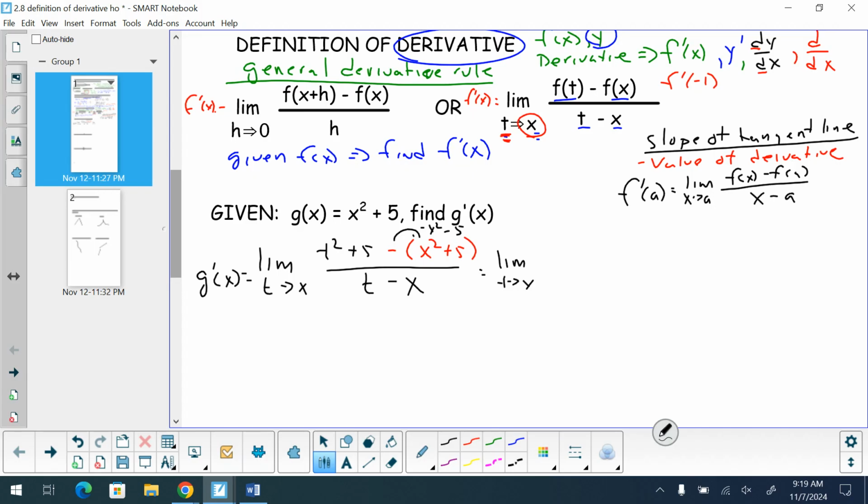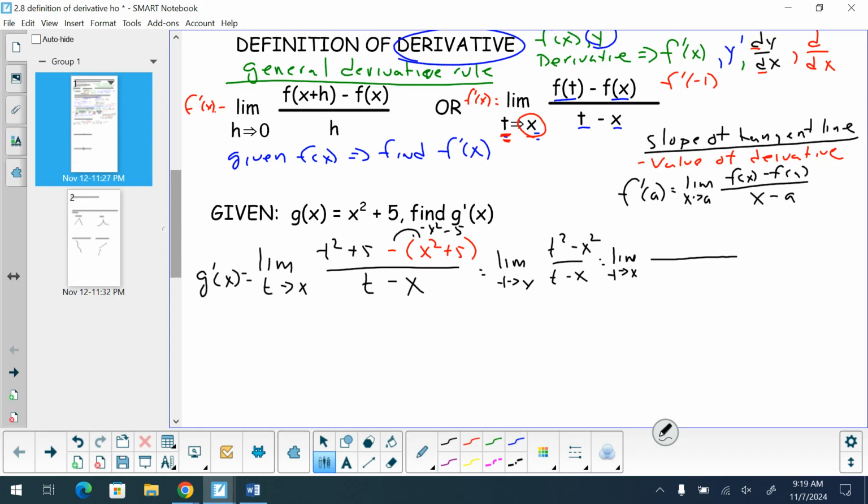The 5 and the negative 5, they go bye-bye. So we're left with t squared minus x squared over t minus x. Because the 5s go bye-bye. Be a song in there somewhere. t squared minus x squared, difference of perfect squares.